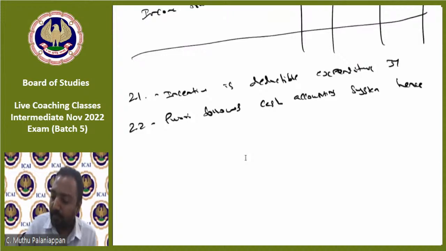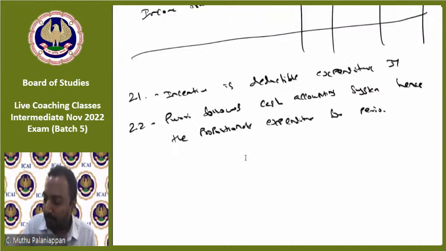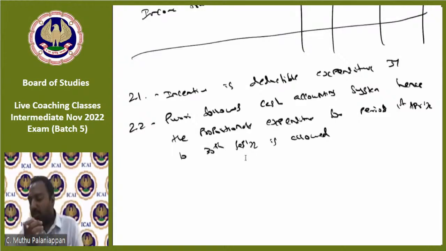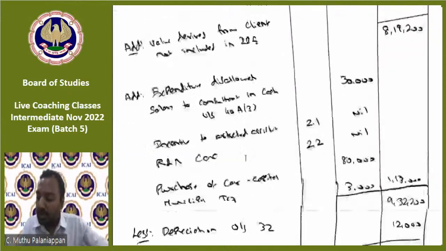Hence, the proportionate expenditure for the period 1st April 22 to 30th September 22 is allowed. So for this period also it is allowed. So that's the two things that we talked about. That's done.